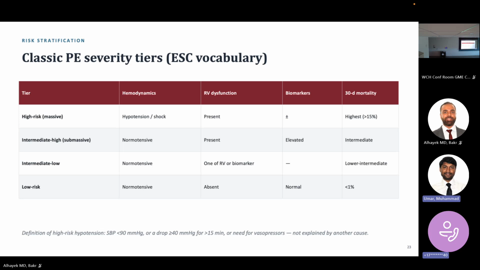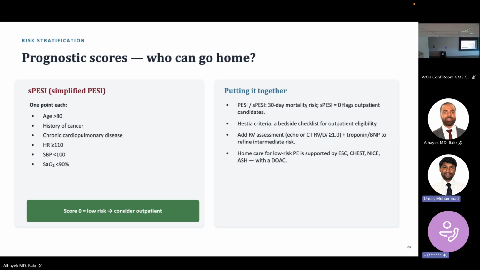If you have RV strain, you will definitely have troponins, you'll definitely have BNP. Then you have the prognostic scores. Who can go home? Of course, someone with a low score. I'm not going to go inside all of these scores, but you'll see this sometimes with pulmonary notes or vascular notes. If someone has a high score in the prognostic scores, they probably need a lot of care.